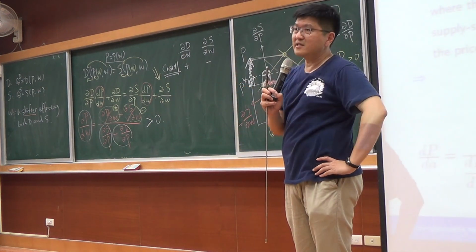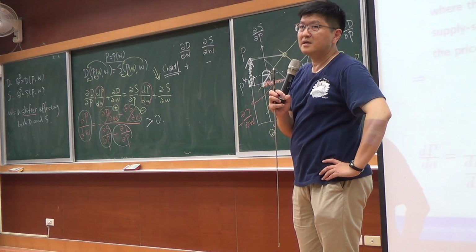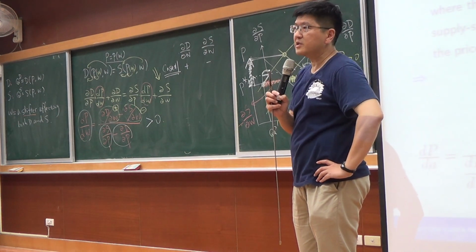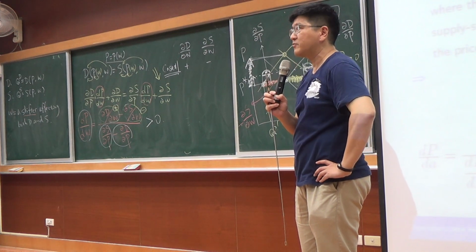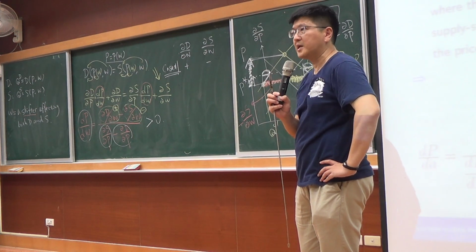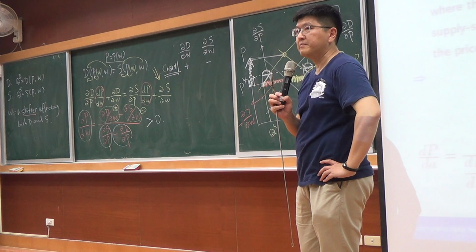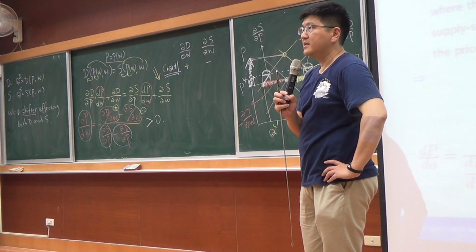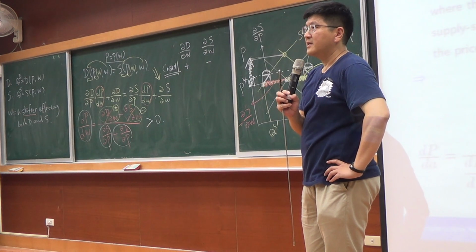So how many cases do you think there can be? Case number 1 is positive, negative, and case number 2 can be positive, positive, right? Case number 3 can be negative, positive, and case number 4 negative, negative. So in total there will be 4 cases. Alright?